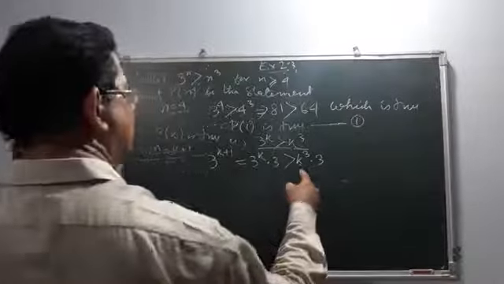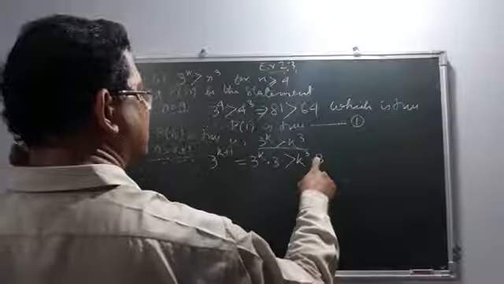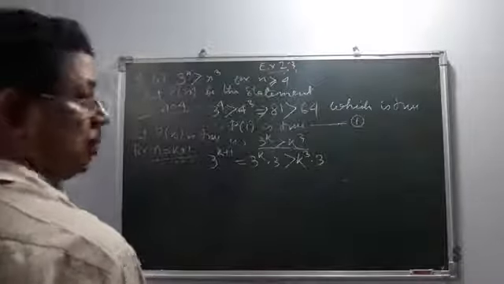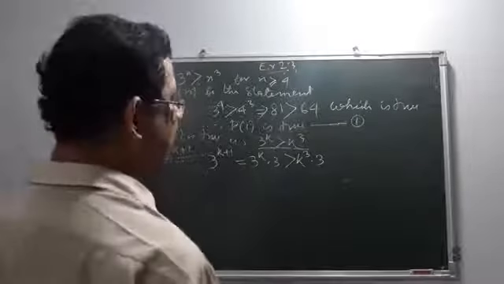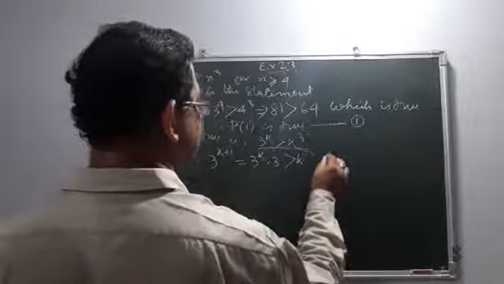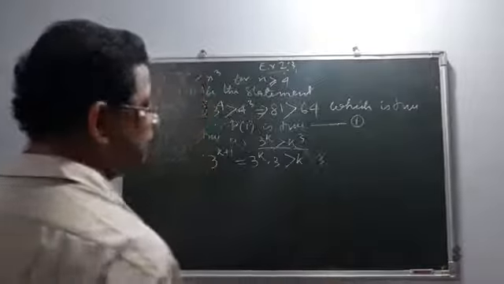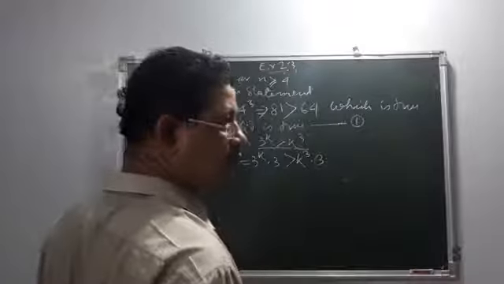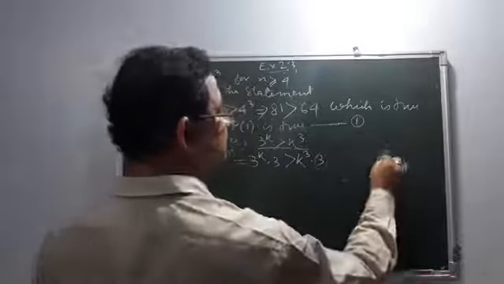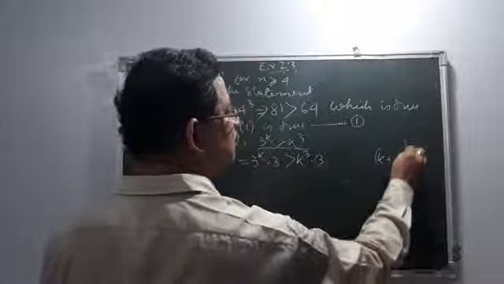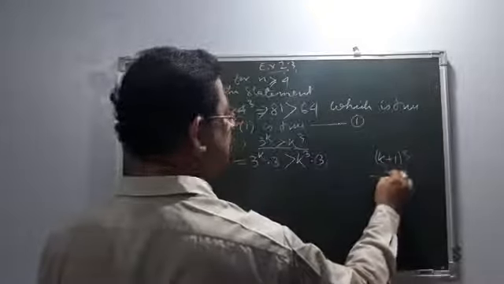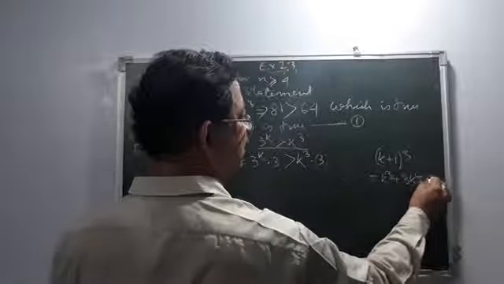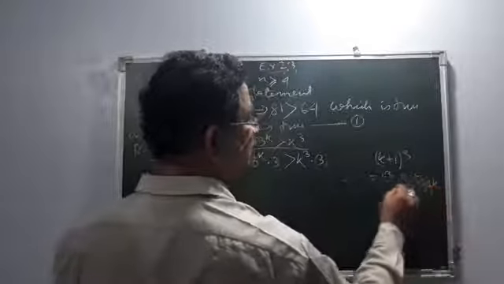Now we need actually (k plus 1) whole cube. Now of course we can replace this, since (k plus 1) whole cube is k cube plus 3k square plus 3k plus 1.